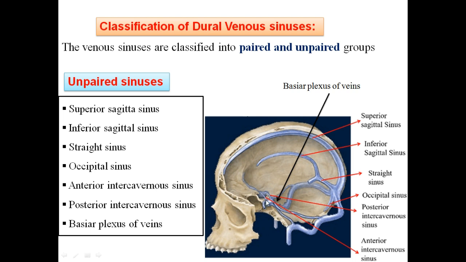In front of the cavernous sinus there is an anterior intercavernous sinus, and behind the cavernous sinus there is a posterior intercavernous sinus we are going to observe. And behind the cavernous sinus we can see a small plexus of basilar veins. These veins are very important clinically.